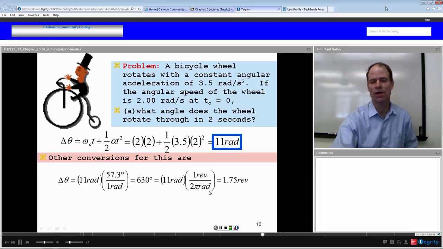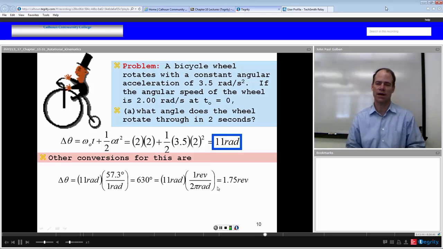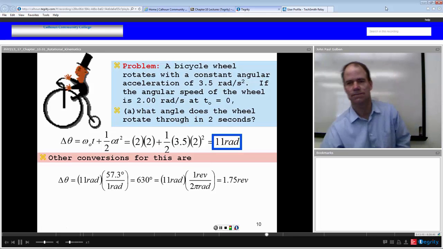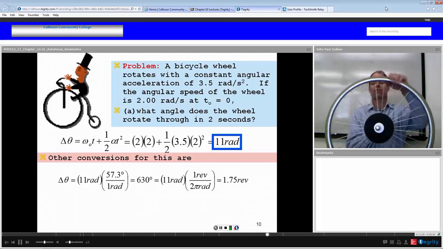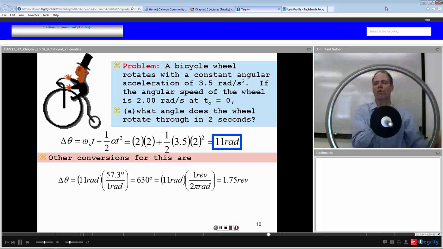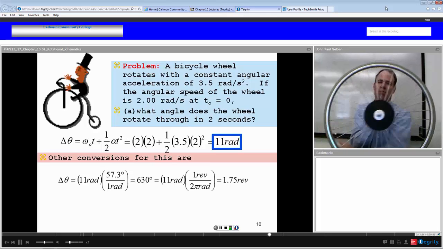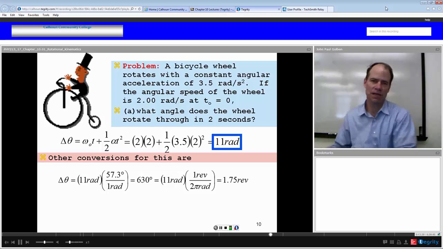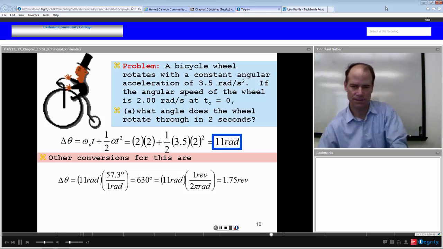Or if we know that there's 2 pi radians per revolution, then we multiply it by 1 revolution per 2 pi radians, divide 11 by 2 pi, and we get 1.75 revolutions. So we went once around and then another 3/4. That would be 1.75 revolutions, and that would be 11 radians.